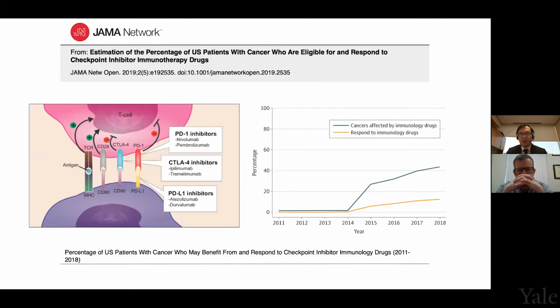This chart very interestingly shows how approximately 50% of patients with cancer are eligible to receive immunotherapy. There is some element of their tumors that is immunogenic. However, even with the best immunotherapy, less than 20% actually display some element of response. Why is that?